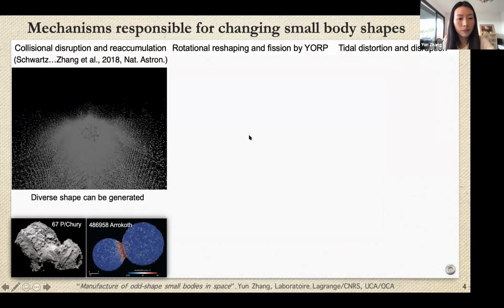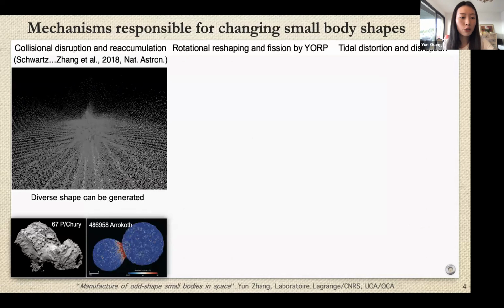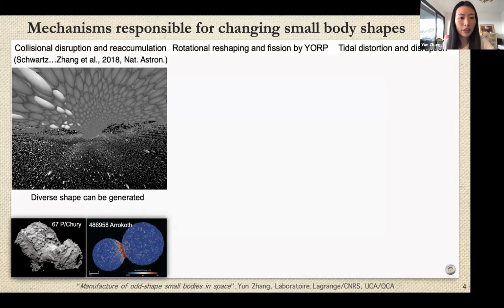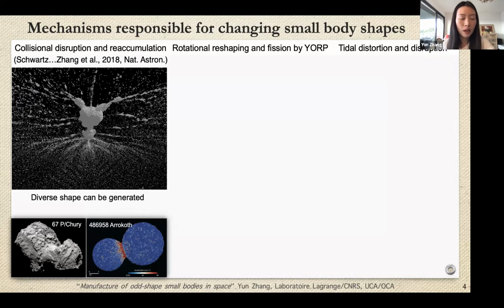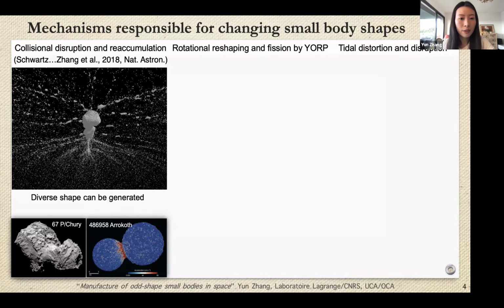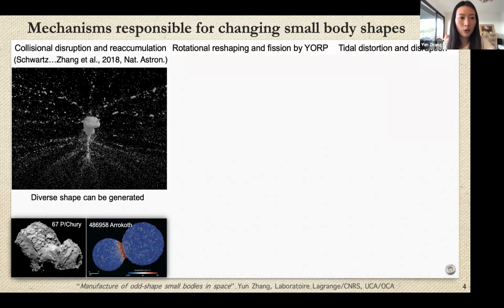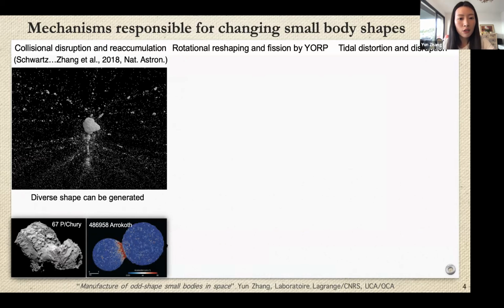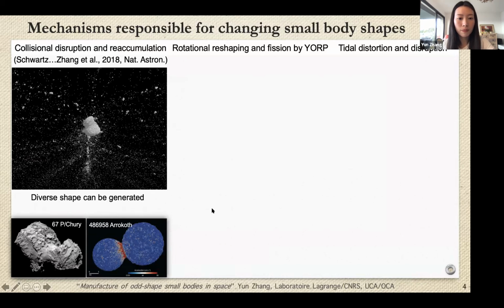For example, in a study dedicated to the formation of Churyumov's shape, we found that collisional evolution can generate a bilobed shape without depleting the volatiles. In fact, we have done different simulations involving collisional disruptions and reaccumulation, and we found that diverse shapes can be generated from collisional evolution.